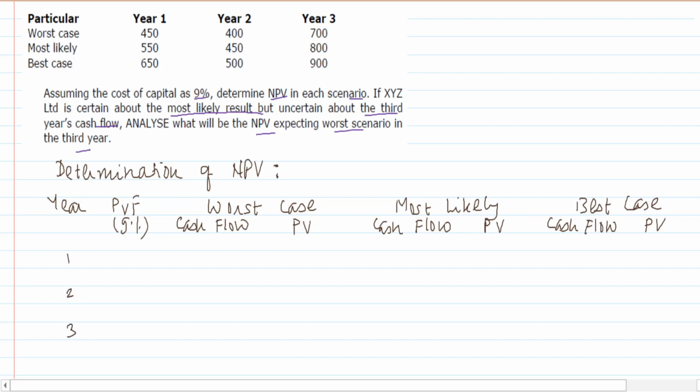Present value factors 9%, 0.917, 0.842, 0.772. We copy the figures now.